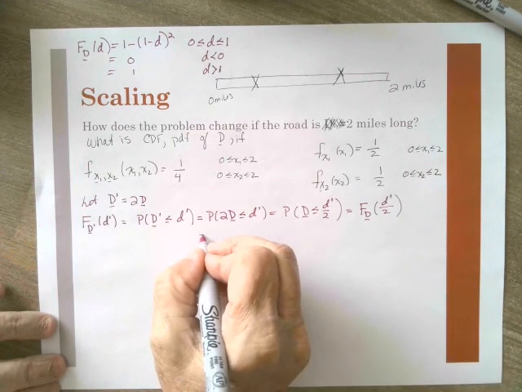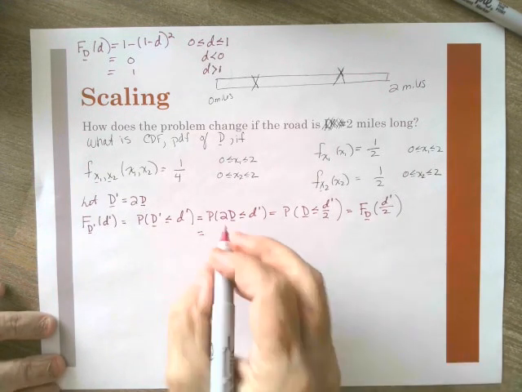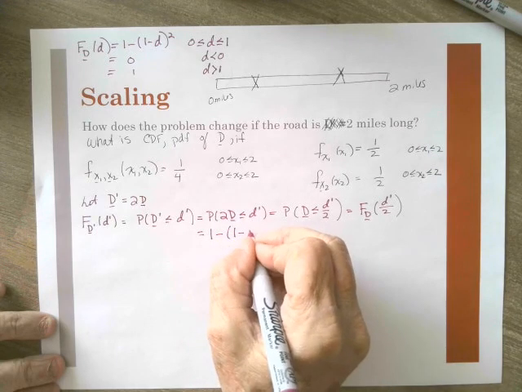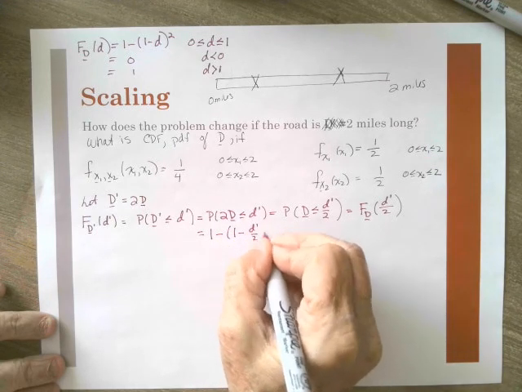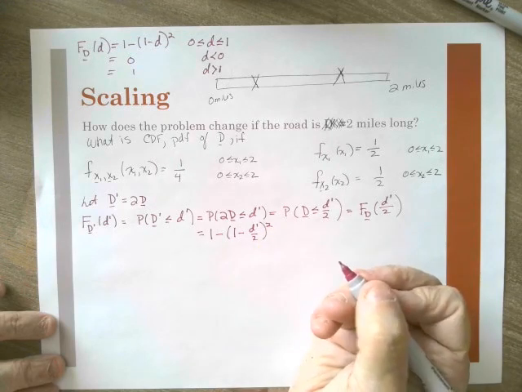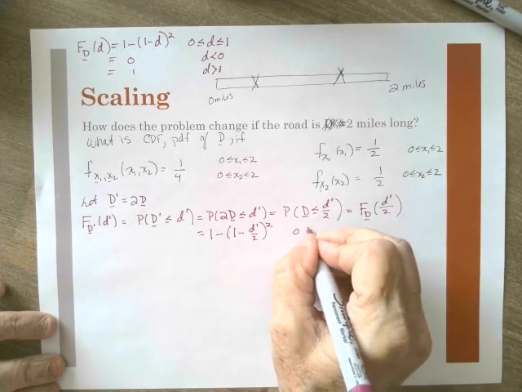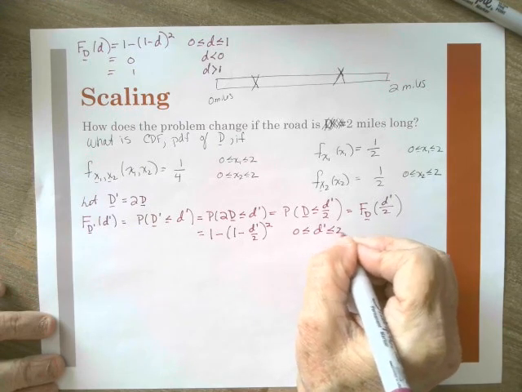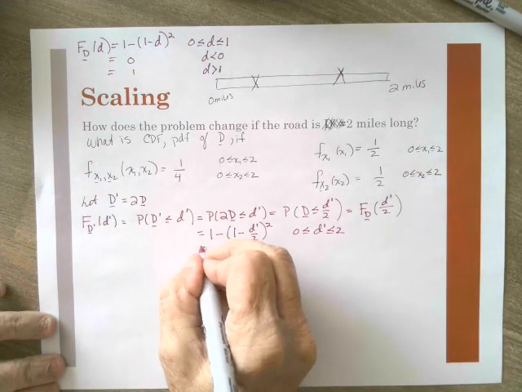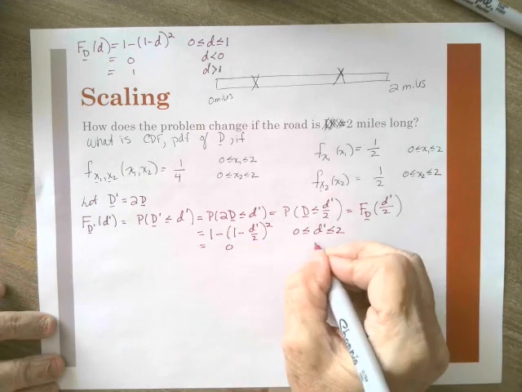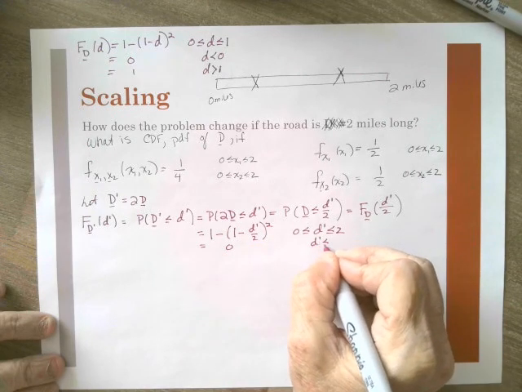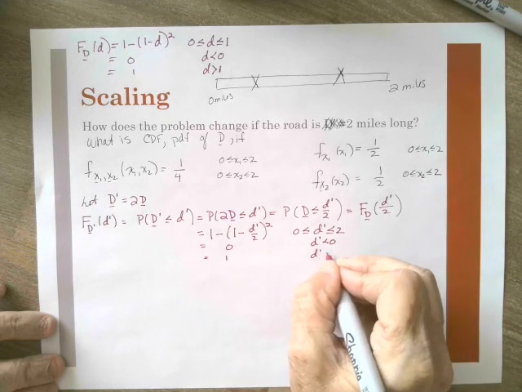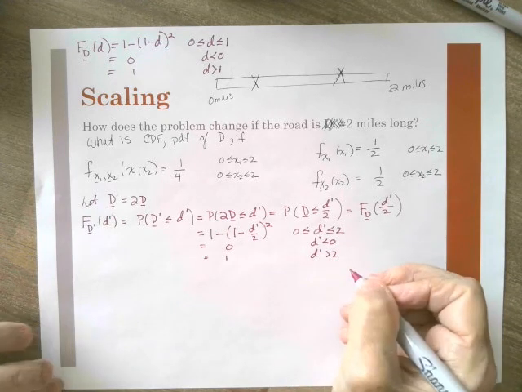So now this is 1 minus d prime over 2 squared, and that's good for d prime between 0 and 2. And of course, I like to be thorough here. It's going to be 0 whenever d prime is less than 0, and 1 whenever d prime is bigger than 2.